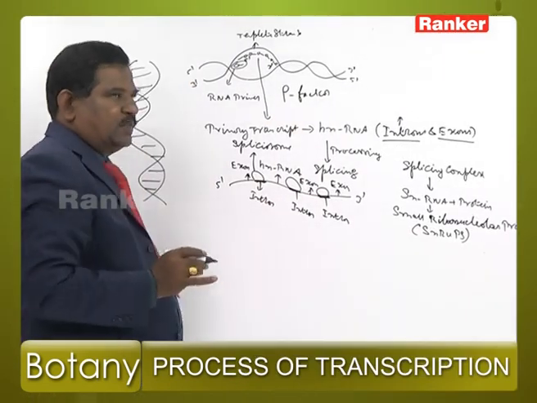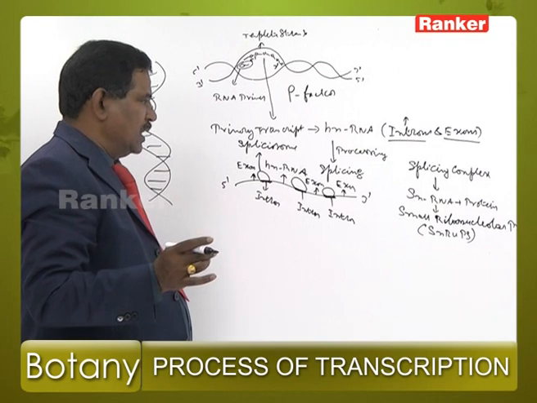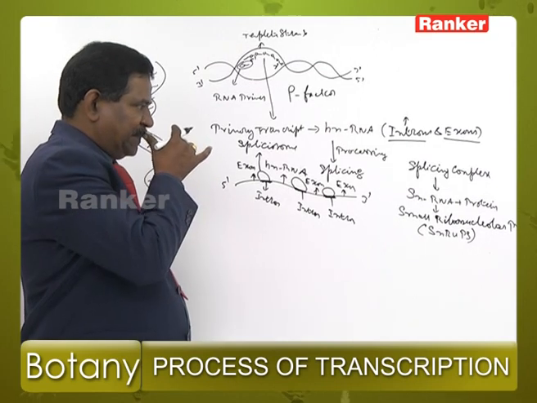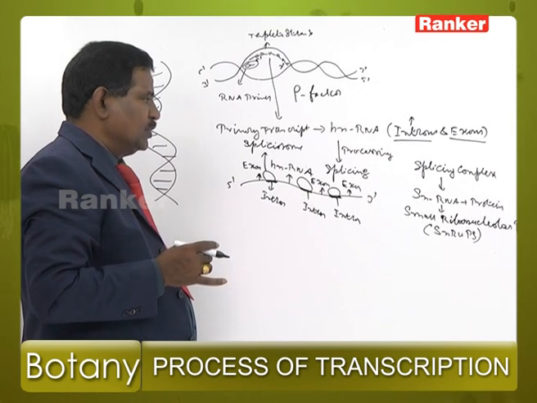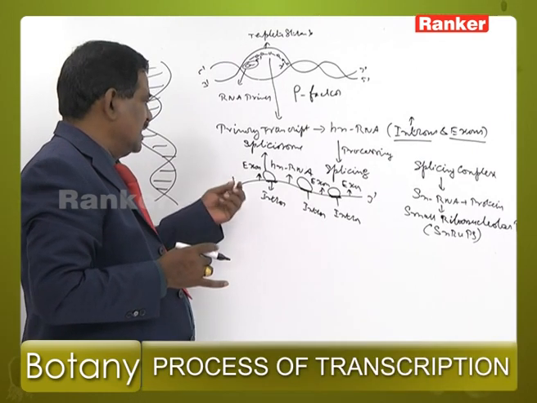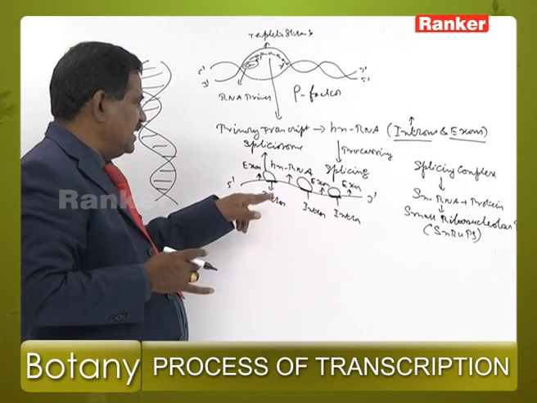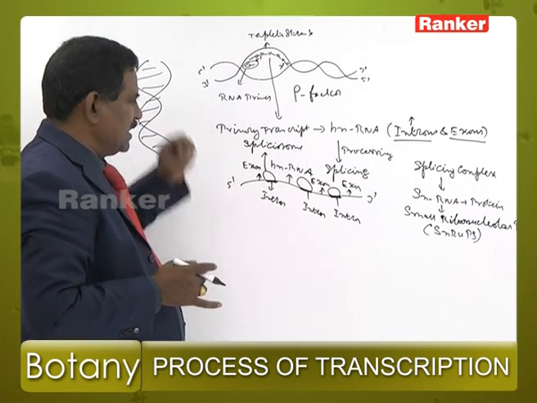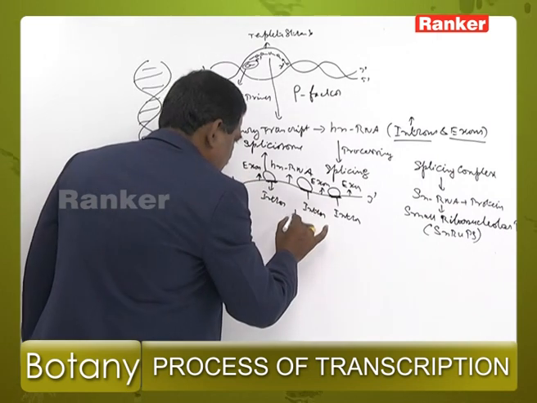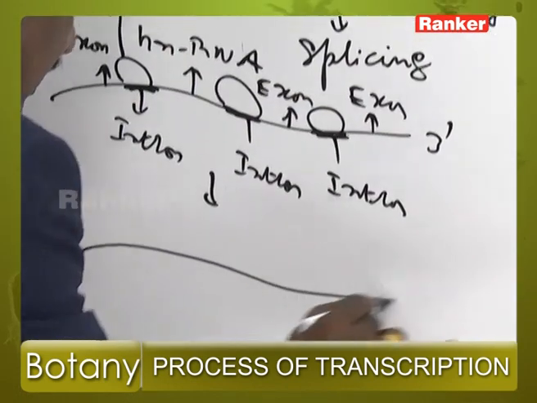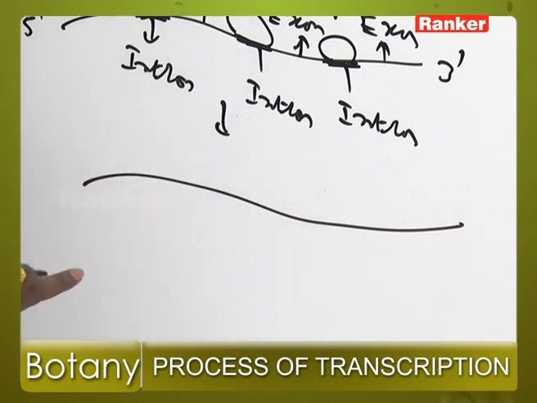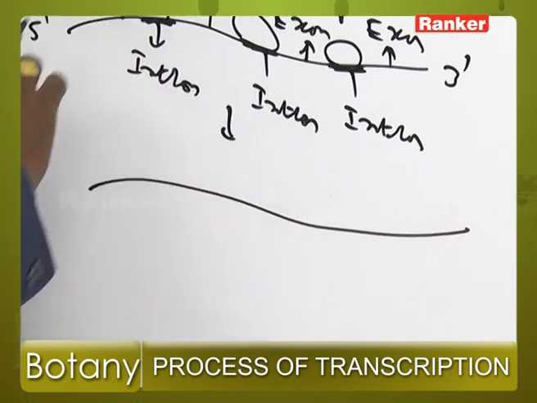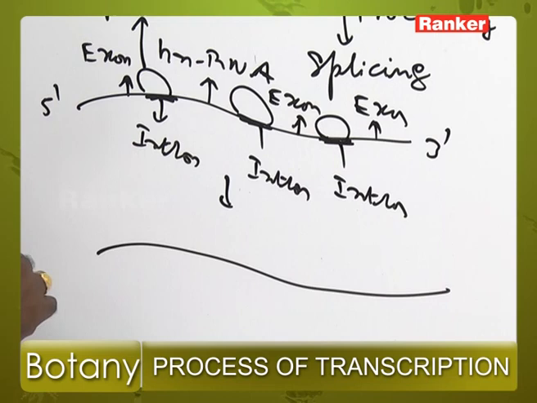A spliceosome contains small nuclear RNA and protein. The snRNPs attach on either side of introns and remove them. Finally the processed structure is formed, and the two exons are joined by ligase.